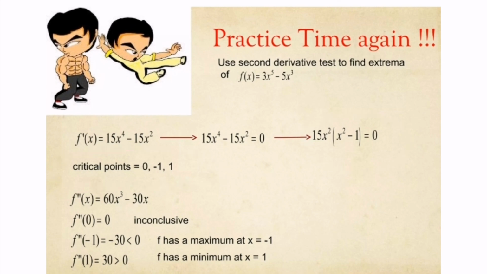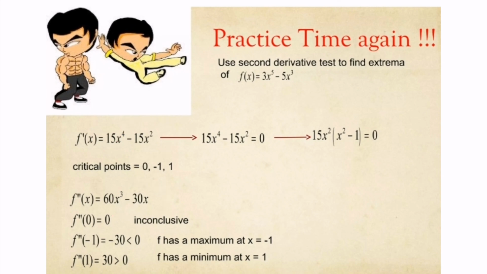Now by taking the second derivative of this function, 15x power 4 becomes 60x power 3 by using the power rule, and minus 15x power 2 becomes minus 30x.